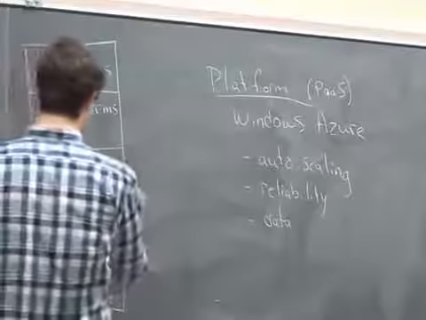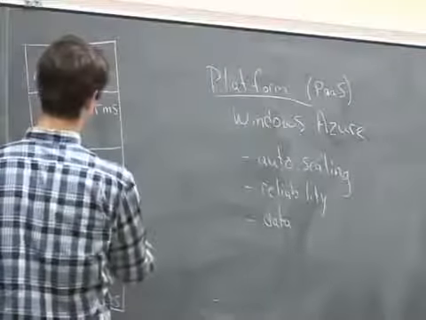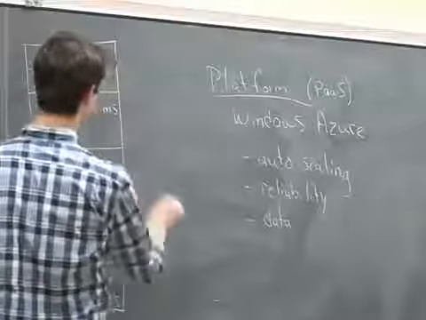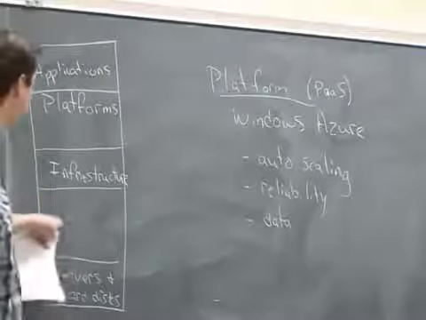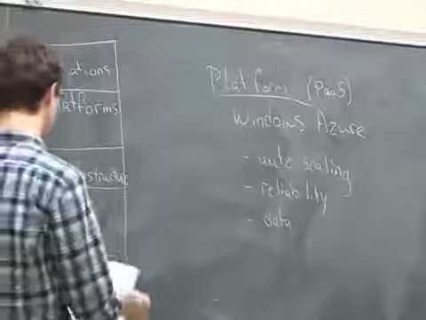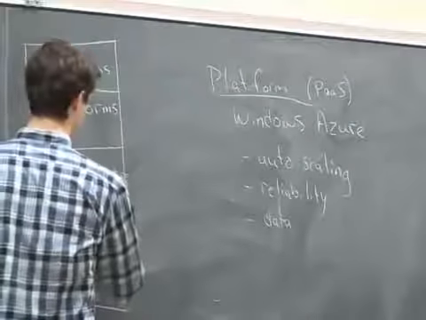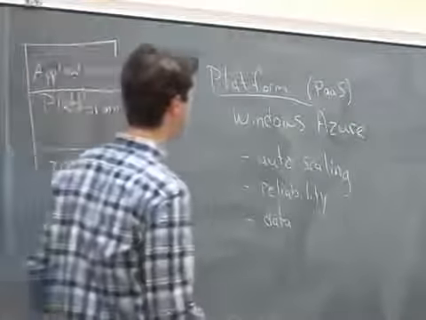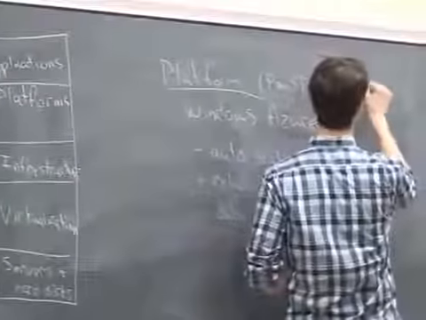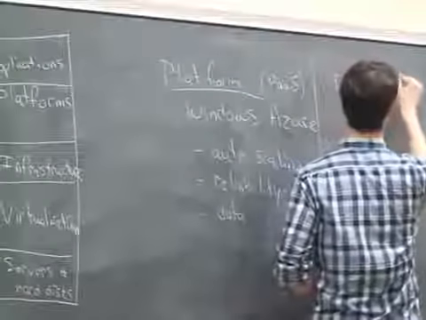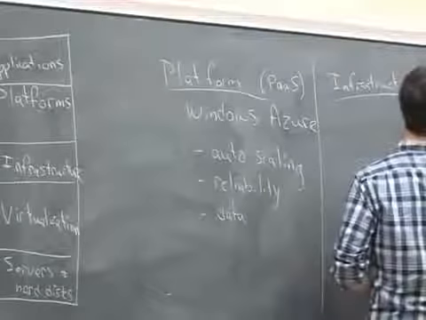Okay, then on top of the platform, we have this notion of infrastructure. So the infrastructure is really the servers plus the network plus virtualization. And so this infrastructure thing is called infrastructure as a service.